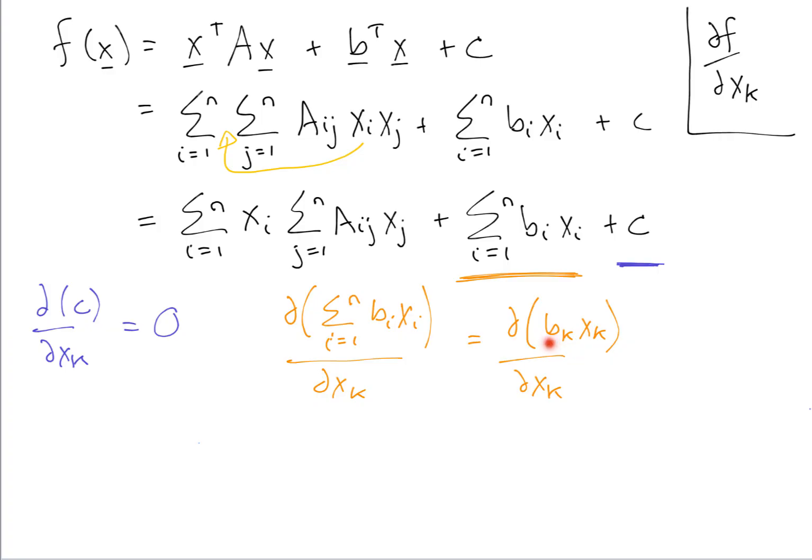And of course, this is just a constant times x_k, so we just get b_k. So these two pieces of f of x we've successfully differentiated with respect to x_k. This term here requires a little bit more work. So let's delve into that.